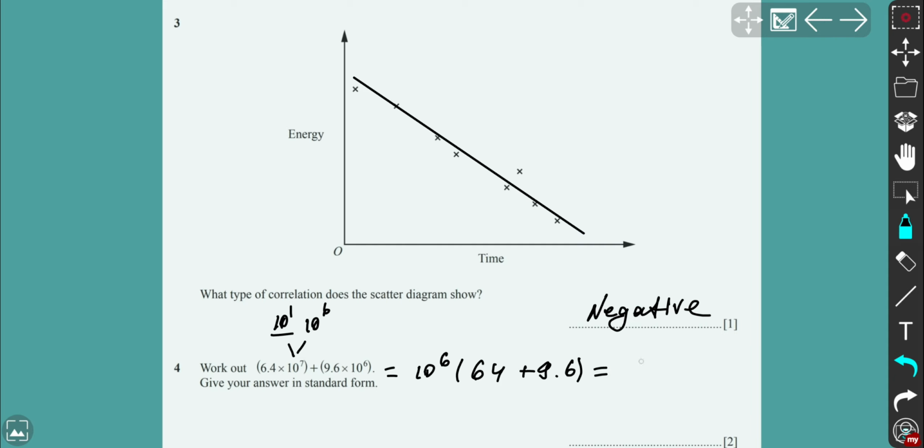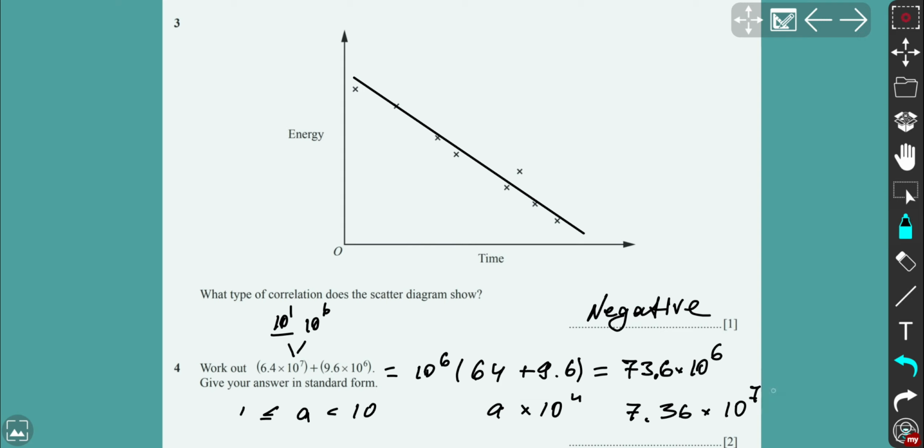If you do it on a calculator, you'll get 73.6 times 10 to the power 6, but it's not standard form, because for standard form you need the notation where a is from 1 to 10, strictly less than 10. So I move the decimal point back, so the standard form is going to be 7.36, and hence you increase the power of 10 by 1, so it's going to be to the power of 7.